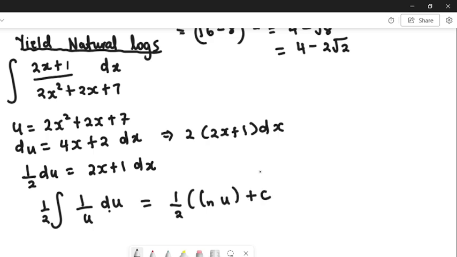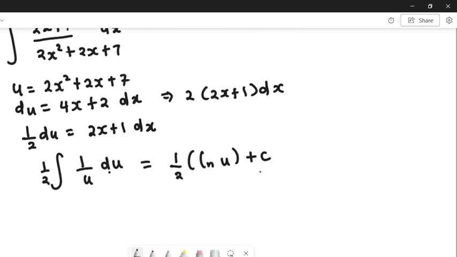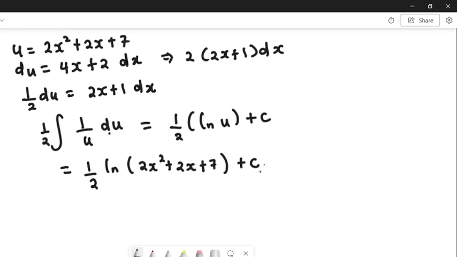Since it's an indefinite integral, we add plus c. And now if we substitute back in place of u, we get a half ln of 2x squared plus 2x plus 7, and now plus c. So that is a function that yields a natural logarithm.